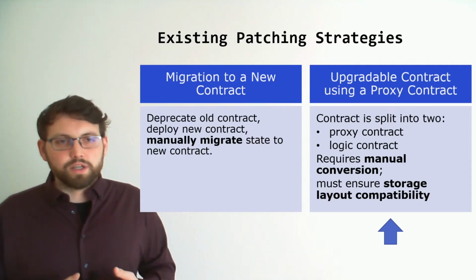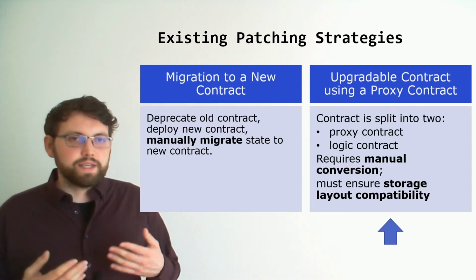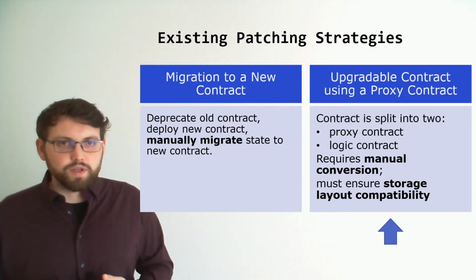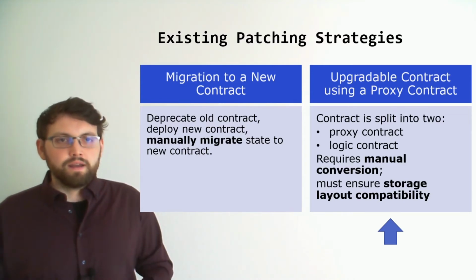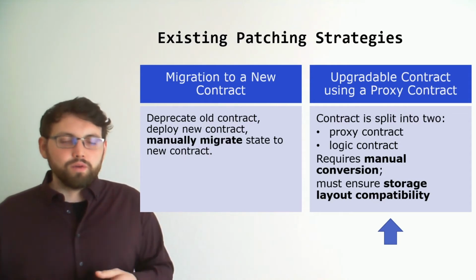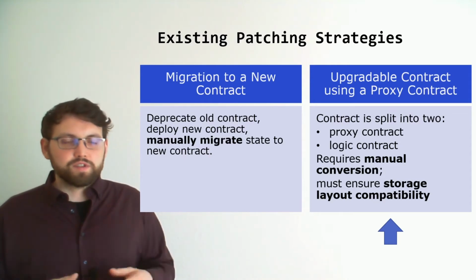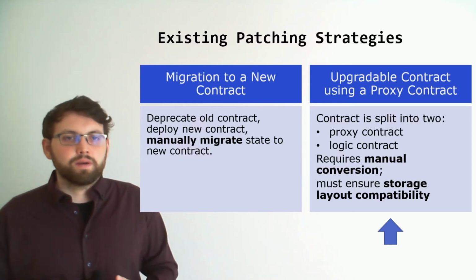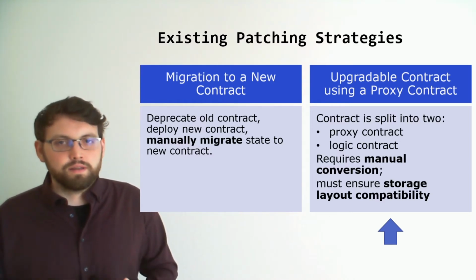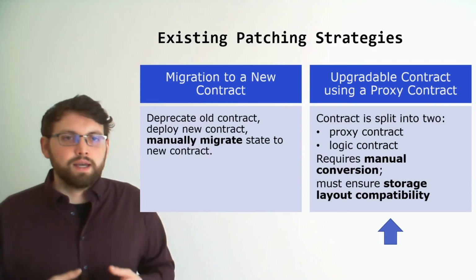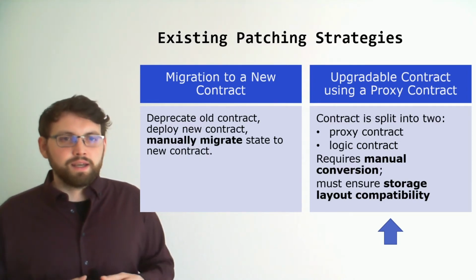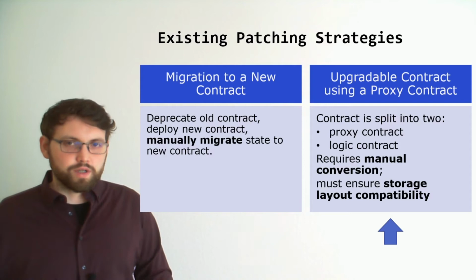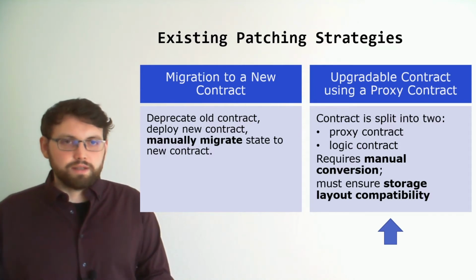And remember, the storage is basically the hard disk of your smart contract, so it stores all persistent state. If you deploy a new logic contract, it uses the same storage address space, so they have to ensure the same layout inside of the storage address space. In practice, this means you can't really change any data types or data structures when patching the logic contract.